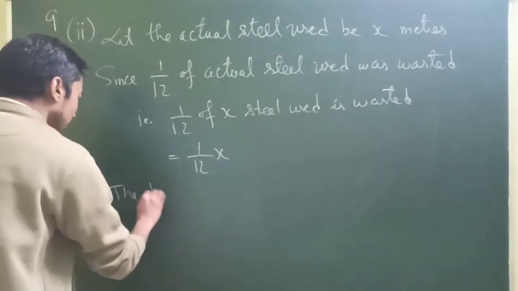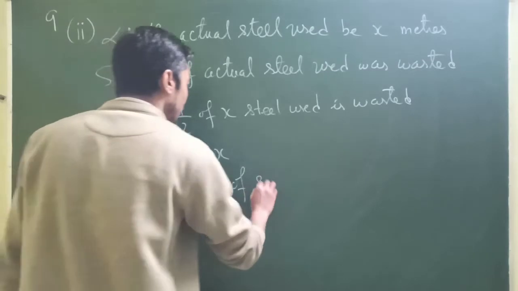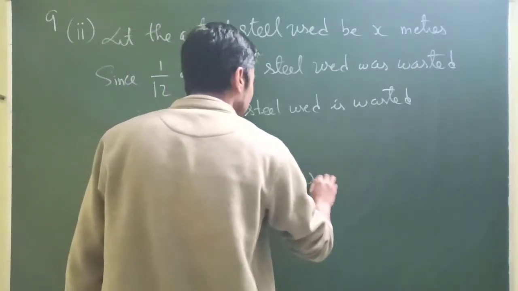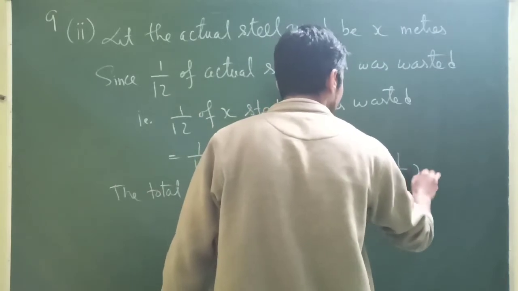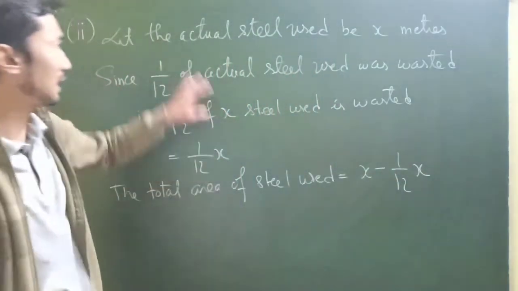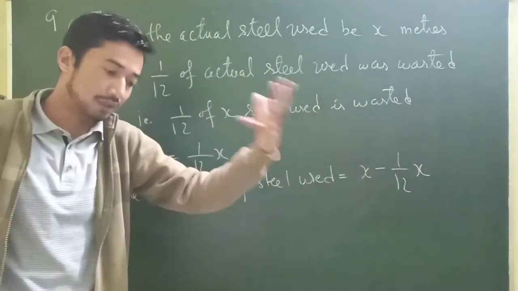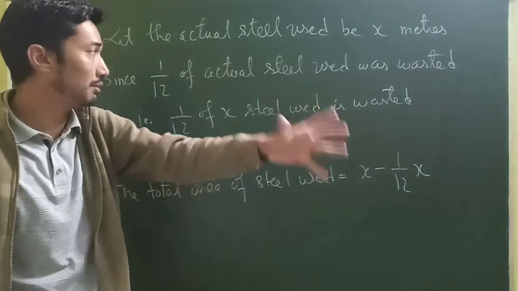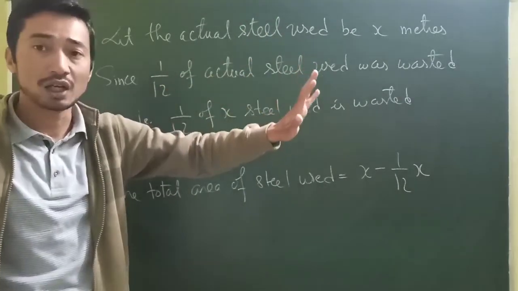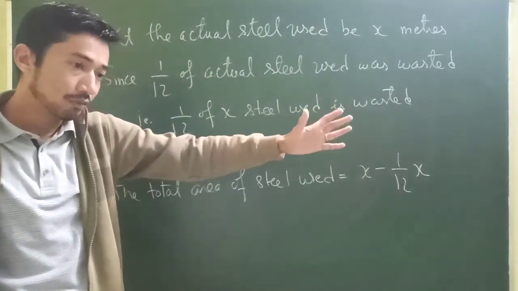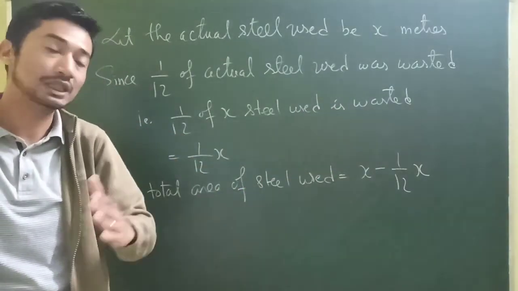So the total steel used is actually what? x minus 1/12 of x, because this is the entire steel which was brought and then started being used. But in that process, 1/12 of the actual steel was wasted. So how much was actually used in preparation of that tank?